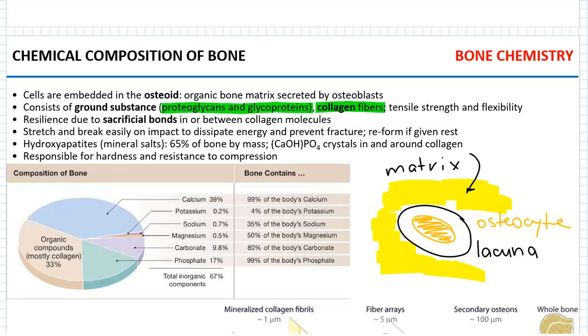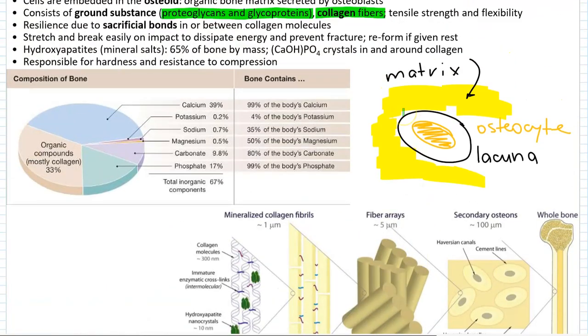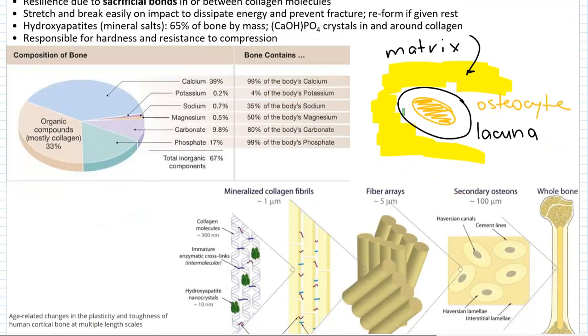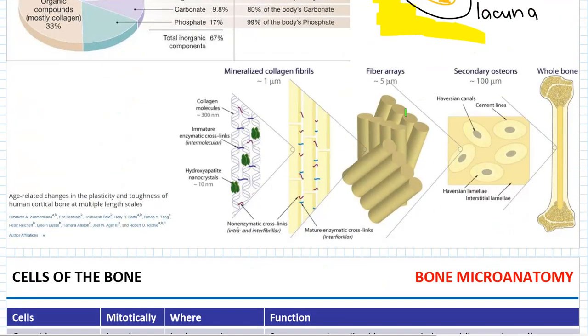When you start looking at these collagen molecules here, you can see that they are connected by intermolecular crosslinks that eventually mature. So what is the purpose of these crosslinks?